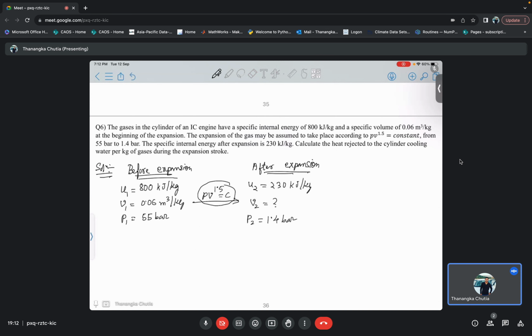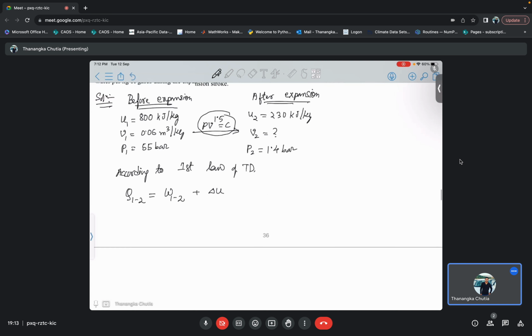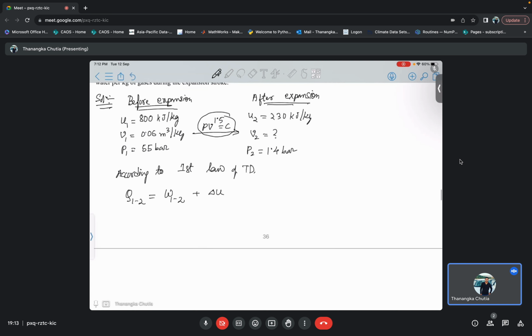Okay, so you have to calculate the heat rejected, that is Q1 to 2. According to the first law of thermodynamics, Q1 to 2 will be equal to W1 to 2 plus delta U. Since these are all specific, I will not use the capital letter here.